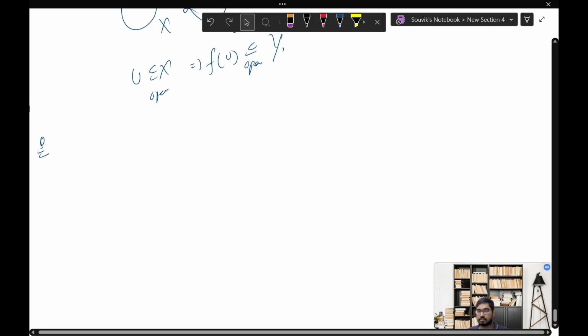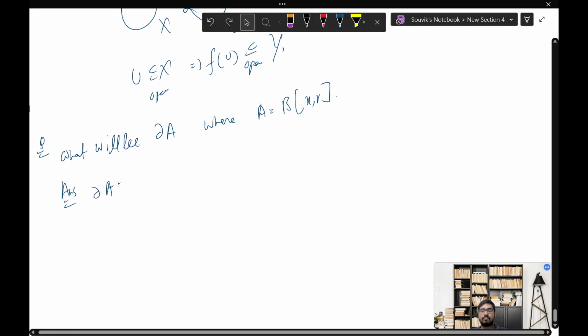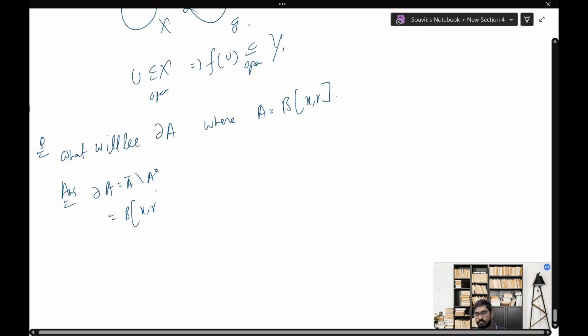On the following question, what will be the boundary of A, where A is equal to B(x, r)? The answer is, since the boundary of A is equal to closure minus interior of A, it is the closed ball B̄(x, r) minus the open ball B(x, r).